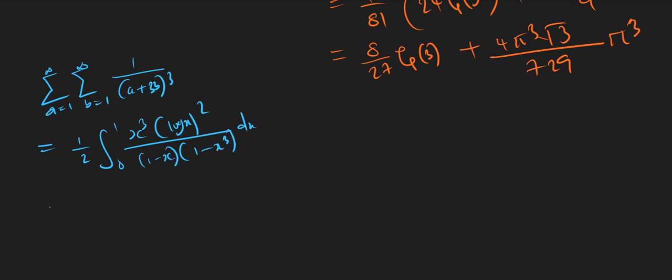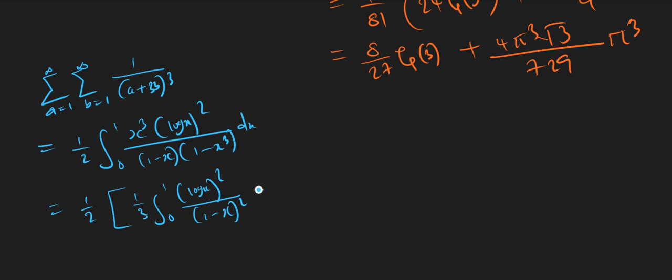So we say this is equal to half of the series of integrals we have considered so far. We did partial fractions first, and so we got 1/3 of the integral from 0 to 1 of logarithm of x all squared, divided by 1 minus x squared.